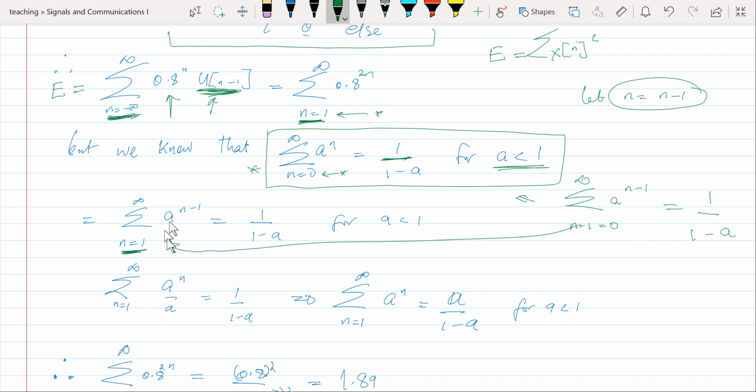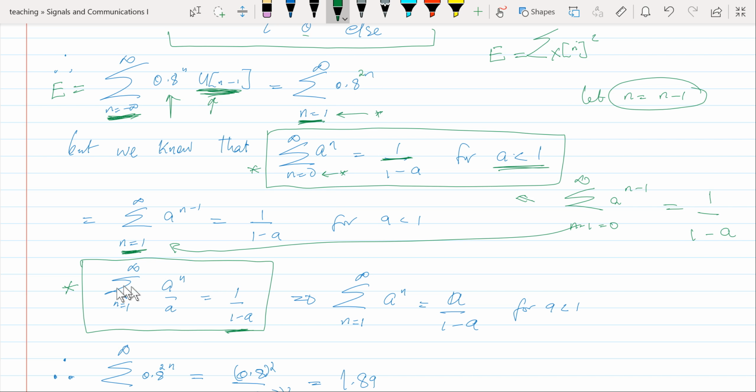So this is equivalent to a to the power n over a, and this a is equivalent to minus 1 here, and therefore the right side still remains the same. So we are just manipulating our identity up here, the one that is starred, so that it is in a form that we can use.